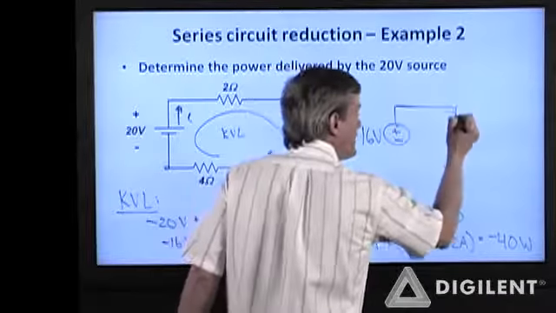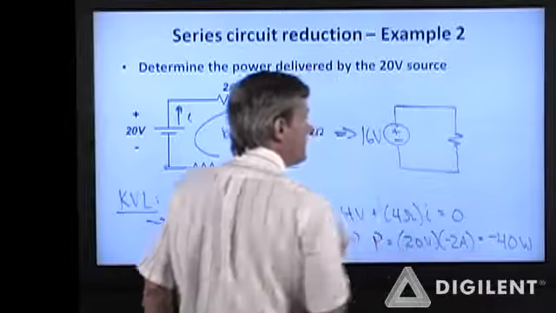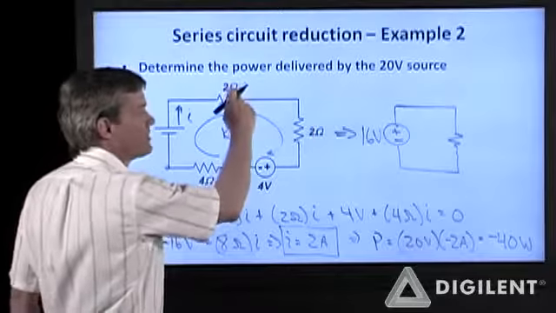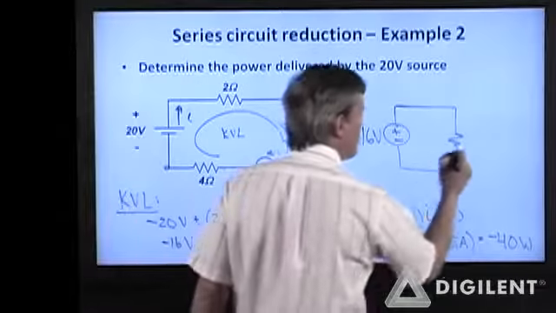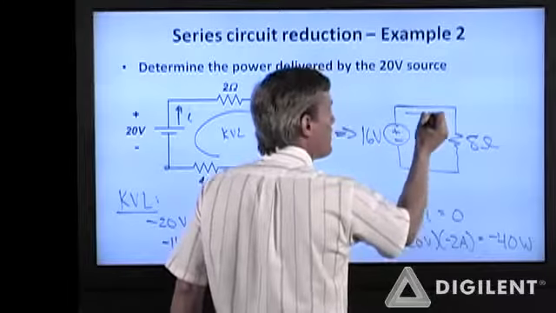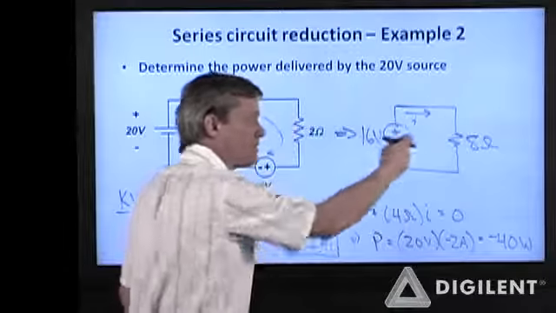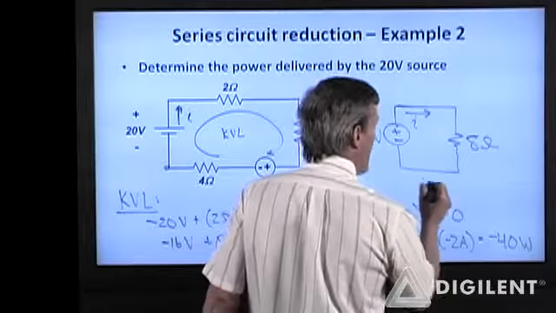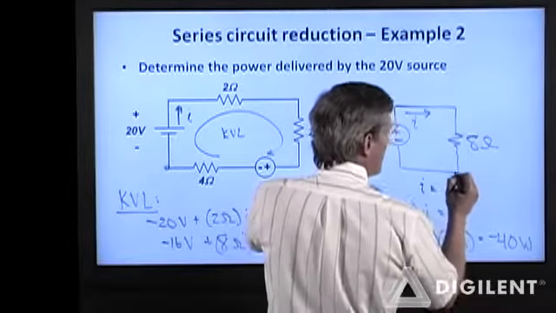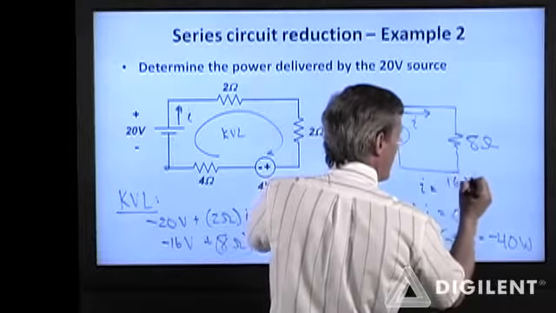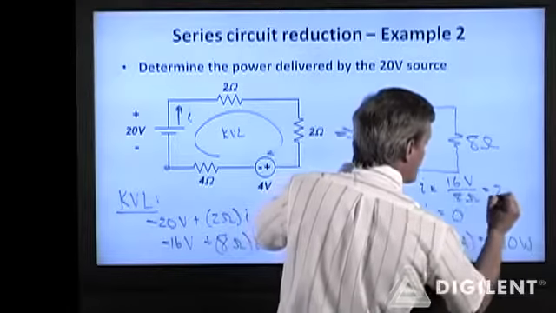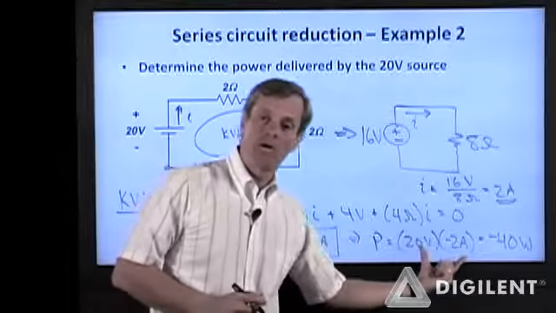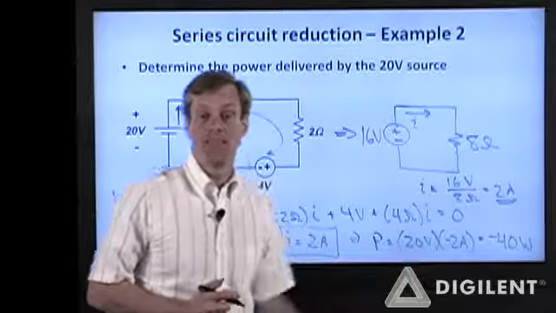I can put that in series with a resistor, R_EQ, which is the sum of the individual resistances: 2 ohms plus 2 ohms plus 4 ohms is 8 ohms. The current through this circuit will be the same as the current through this circuit. So I is equal to 16 volts over 8 ohms, which is 2 amps. That's the same result we got previously. The power output from the system will be the same.